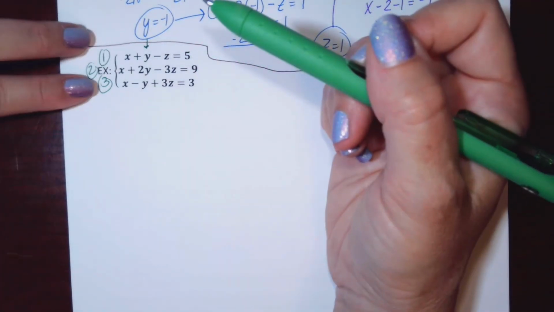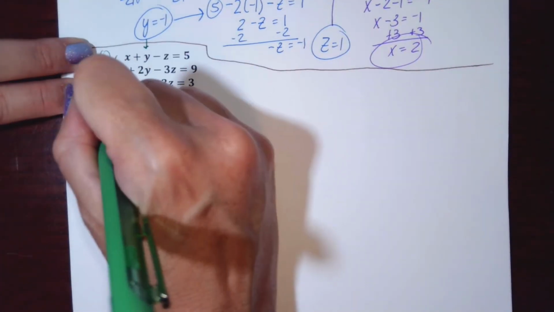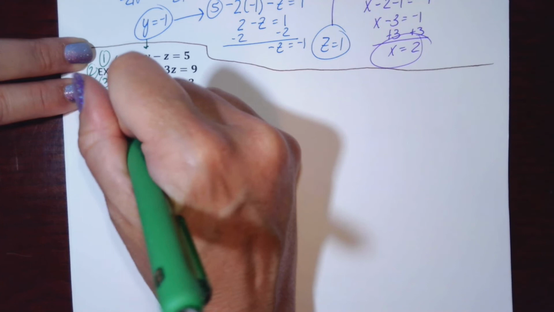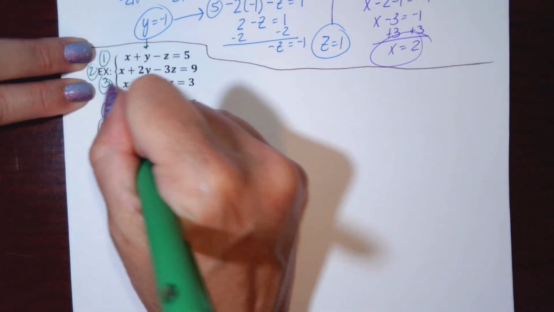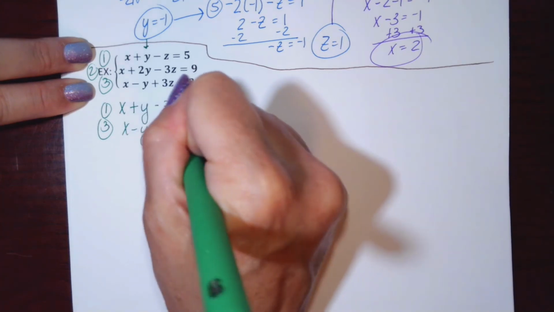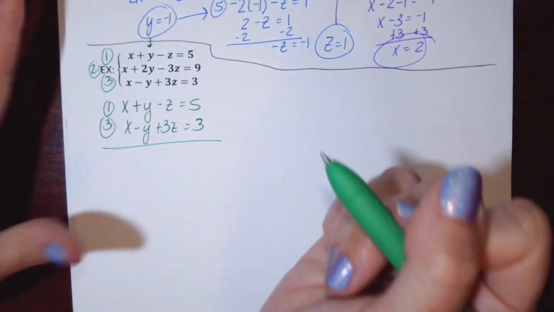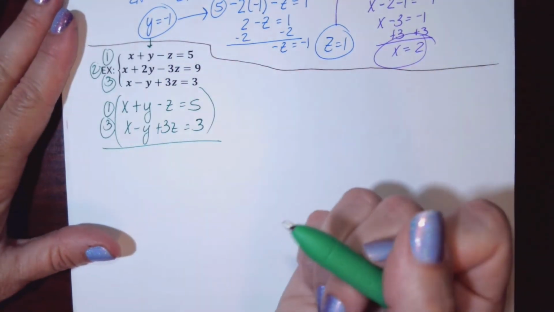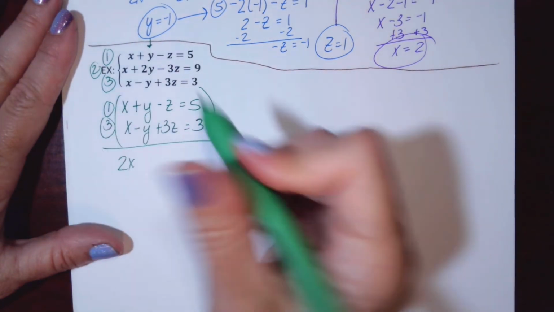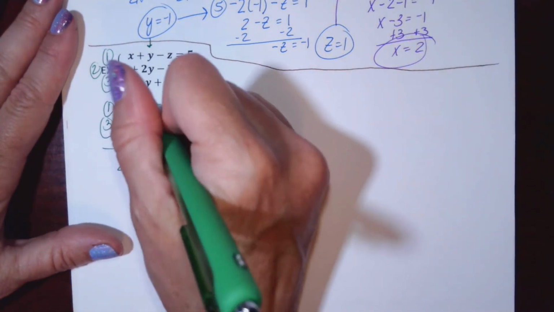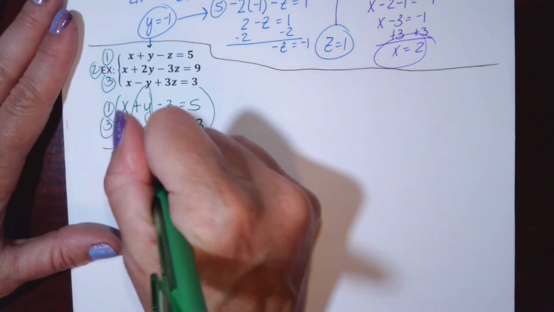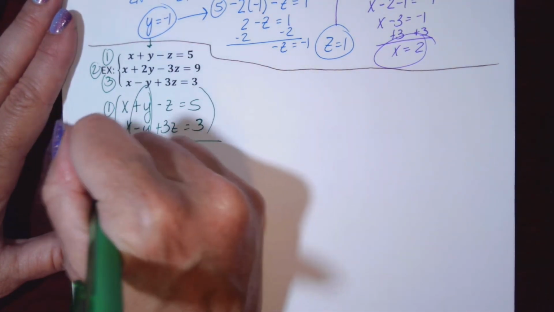So if I add 1 and 3 like they are, x plus y minus z equals 5. X minus y plus 3z equals 3. Let's see what happens. That's 2x. Oh, you know what? Well, that's fine. I didn't color code, but we're good. Y's add to 0. That gives me 2z equals 8. That's my fourth equation.